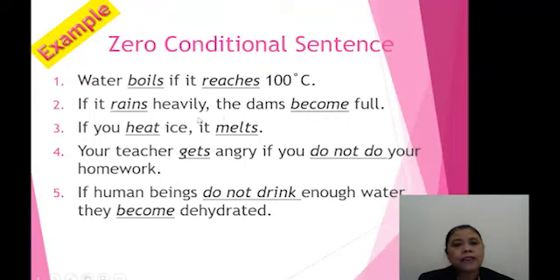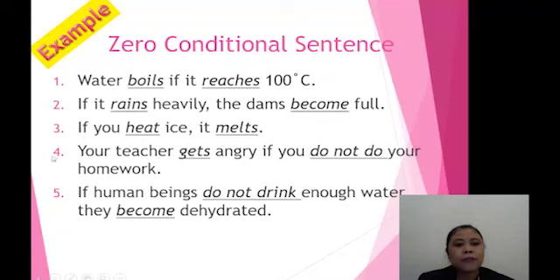If it rains heavily, the dams become full. Okay, let's go to example number 3. If you heat ice, it melts. Hopefully you have understood the difference of the verb.